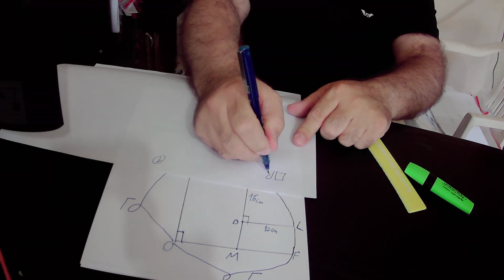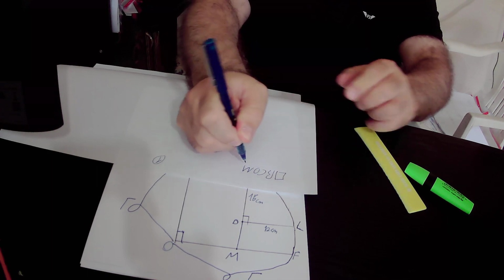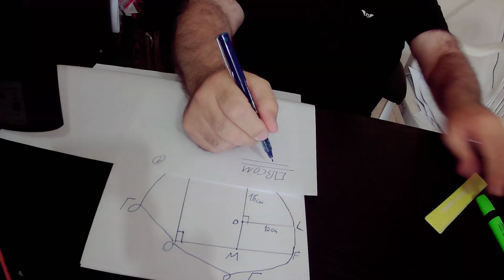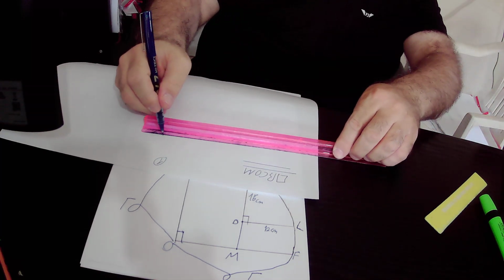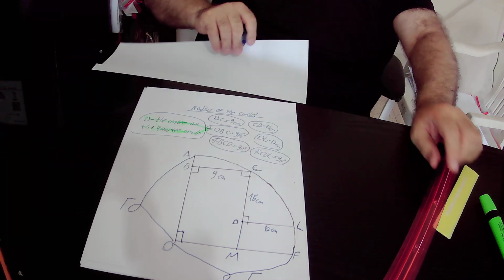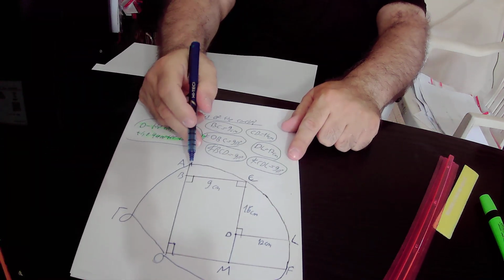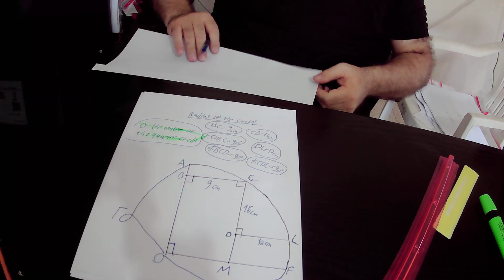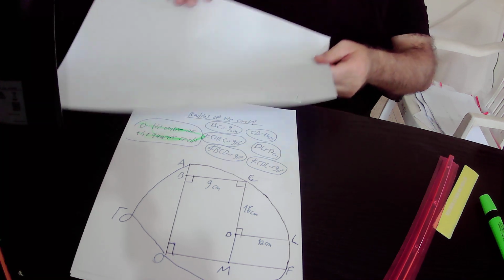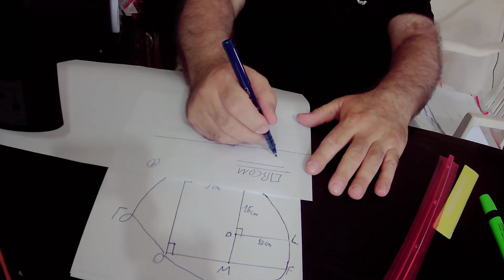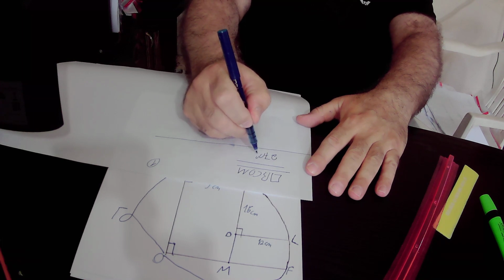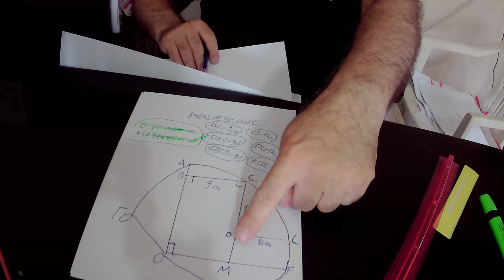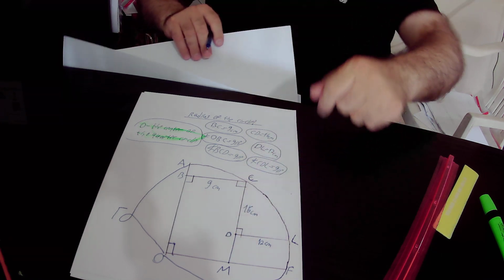And in quadrilateral BCOM, we have 1, 2, 3 right angles, and the sum of 3 right angles is 90 times 3, which is 270 degrees, plus the size of the fourth angle, that is actually angle DMO, this angle.